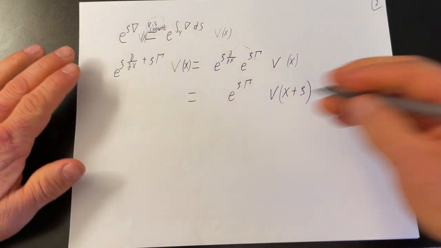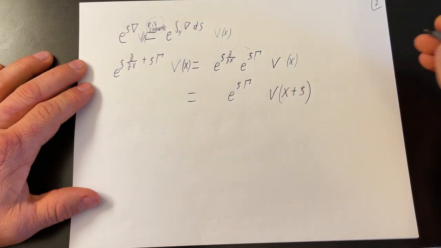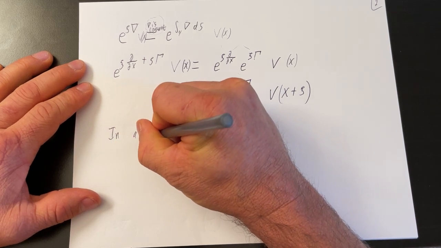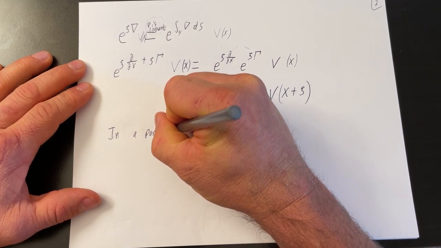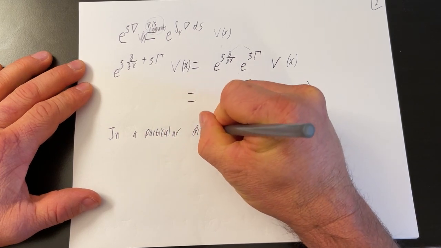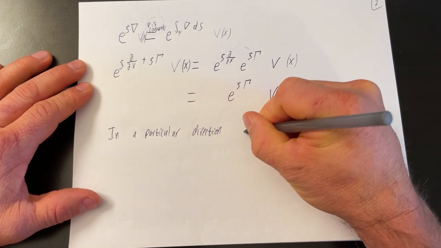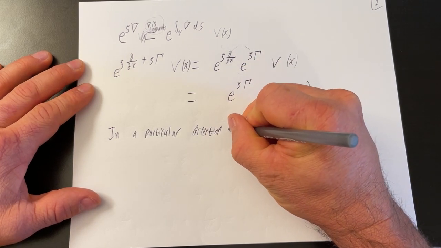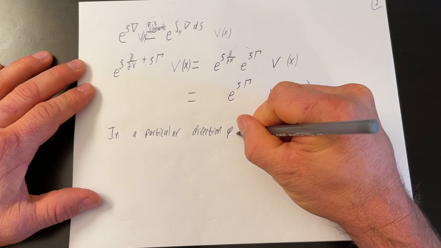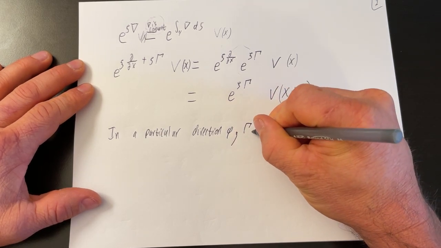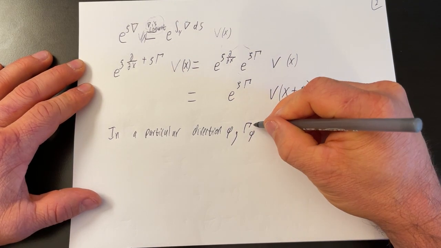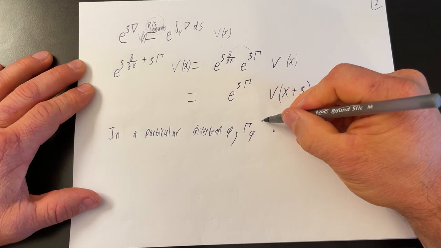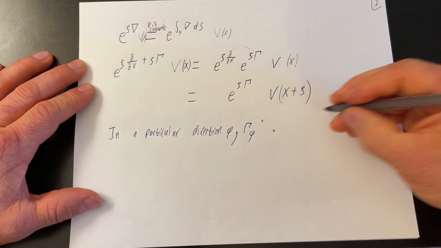So in a particular direction, gamma, maybe I should call it a direction like, I'll just call it phi for future's sake. Gamma subscript phi, the connection in the direction of phi, is a matrix. And it's going to have one high index and one low index.